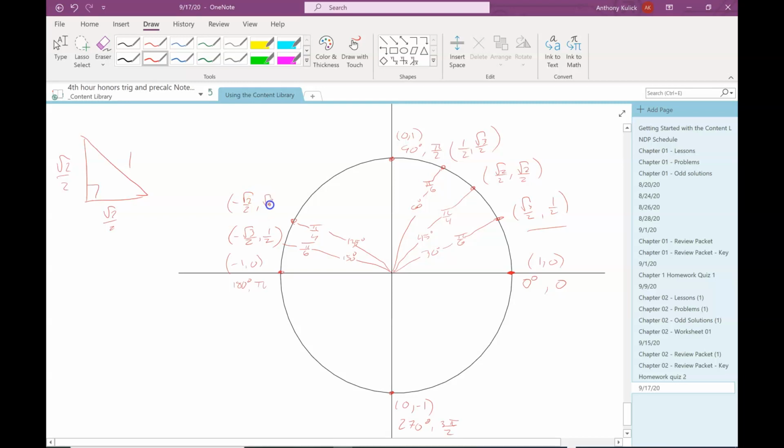And then we can do the same thing here with a 120 degree angle. That's a 60 degree angle with respect to the x-axis. And again, oops, the x-coordinate here should be negative. Is everybody okay with that idea?